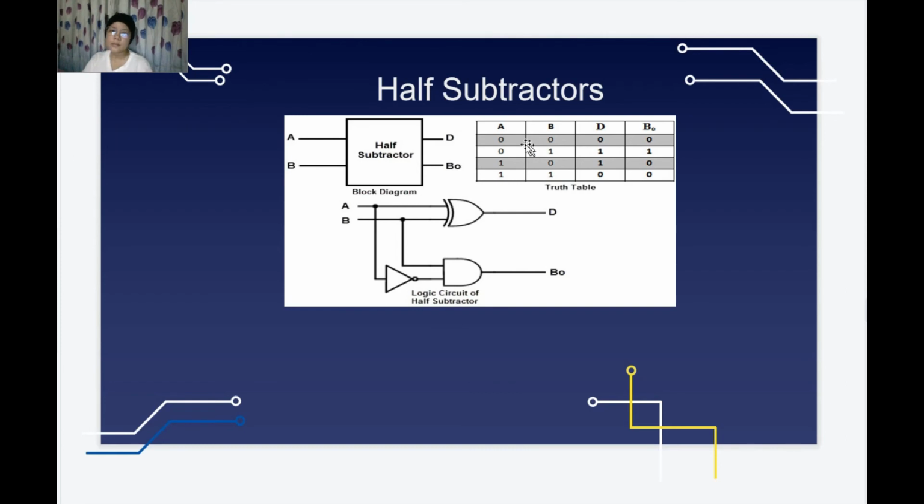So 0 minus 0 is 0. 0 minus 1, we can't subtract it, so we need to borrow 1, so we have 1 here. 1 minus 0 is 1. 1 minus 1 is 0. So here is the logic circuit of the half subtractor.